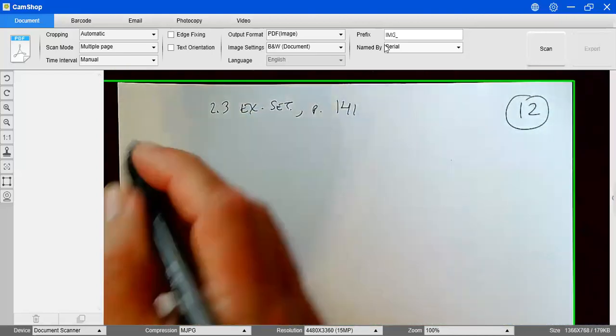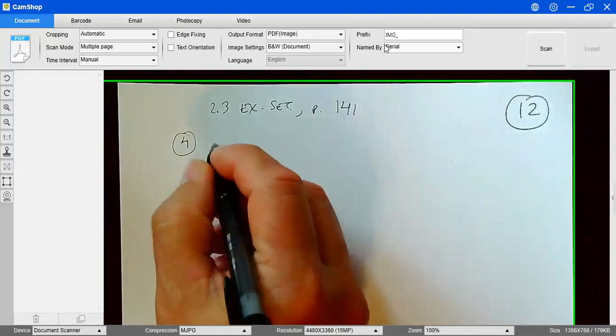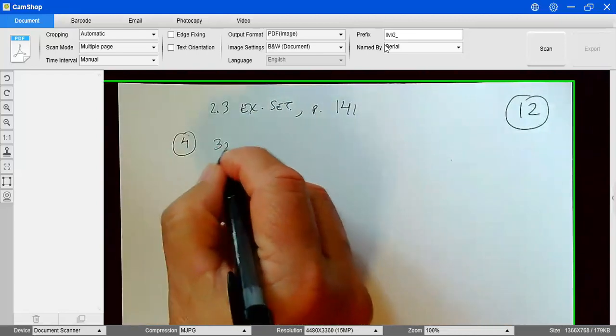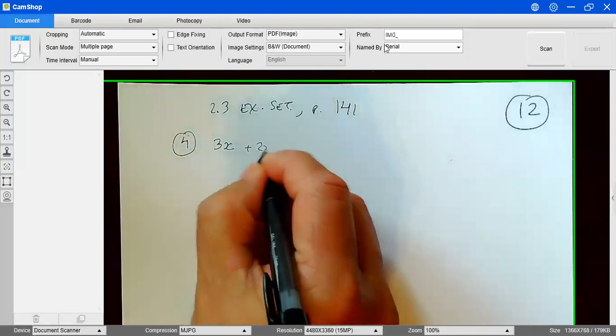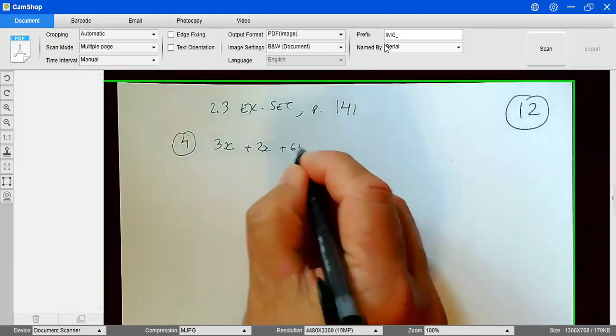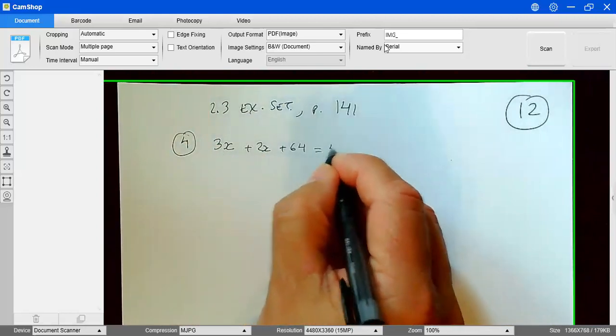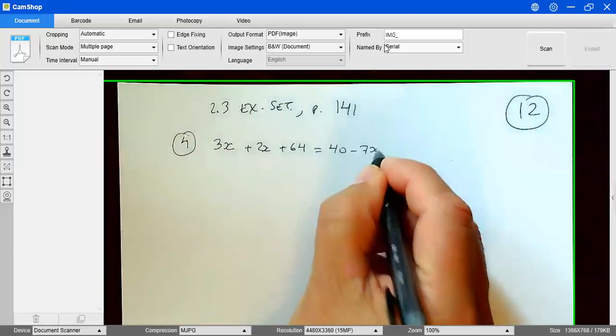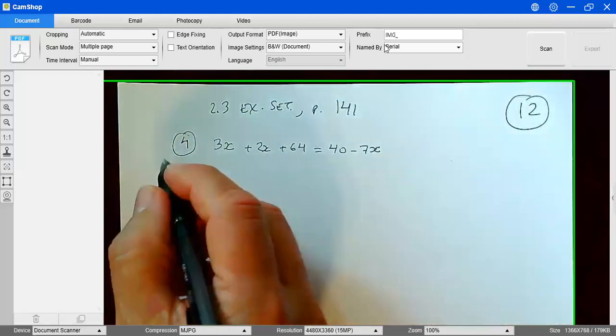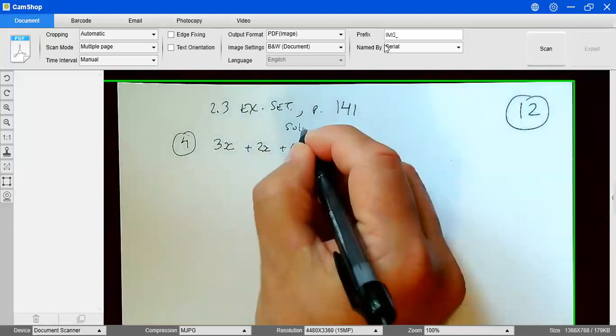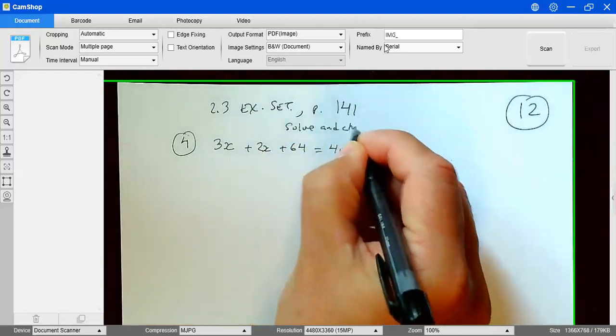So you have problem 4 is 3x plus 2x plus 64 equals 40 minus 7x. So you're gonna solve and check.